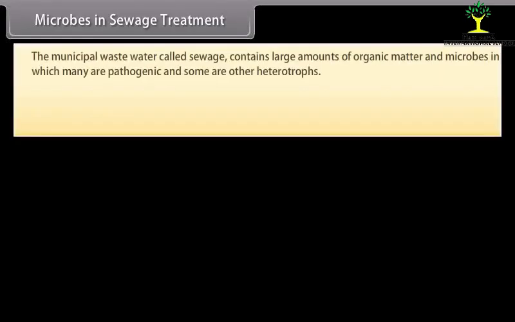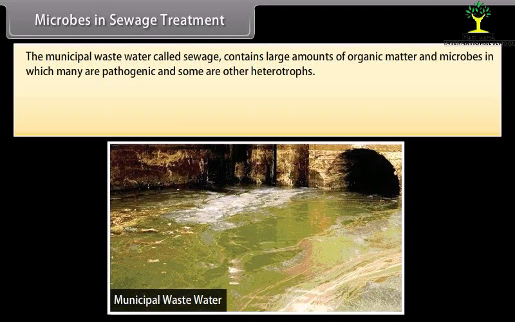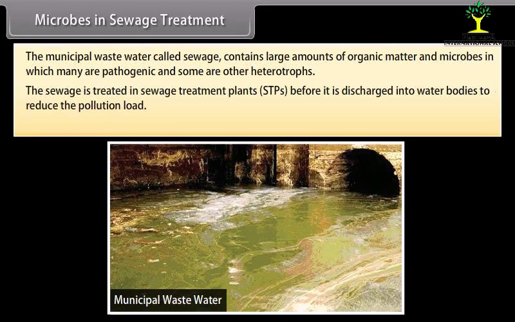Microbes in sewage treatment. The municipal wastewater called sewage contains a large amount of organic matter and microbes, many of which are pathogenic and some are other heterotrophs. The sewage is treated in sewage treatment plants, STPs, before it is discharged into water bodies to reduce the pollution load.